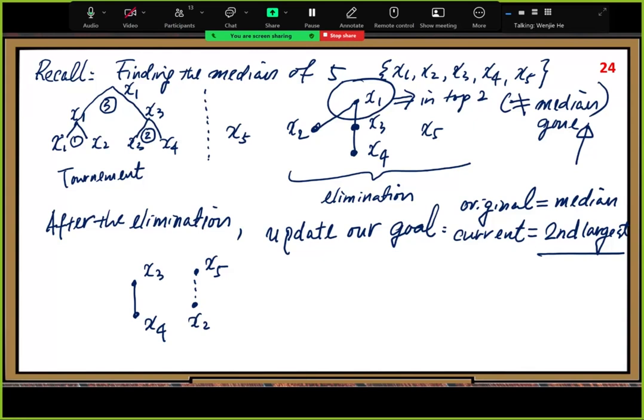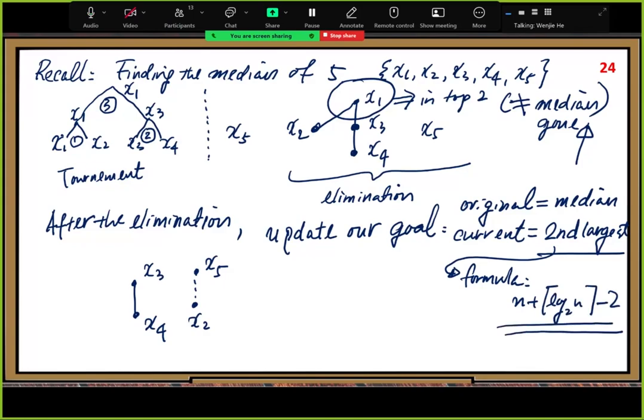How to find the second largest? Do you remember we have the formula to find the second largest? We derived that formula, right? n plus ceiling of log base 2 of n minus 2. That's the formula for finding the second largest.